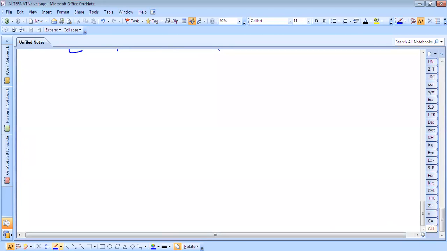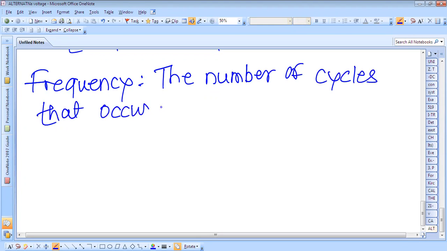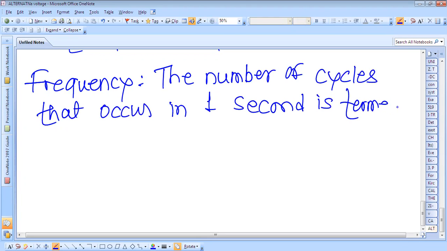Next is the frequency. The number of cycles that occur in 1 second is termed the frequency.